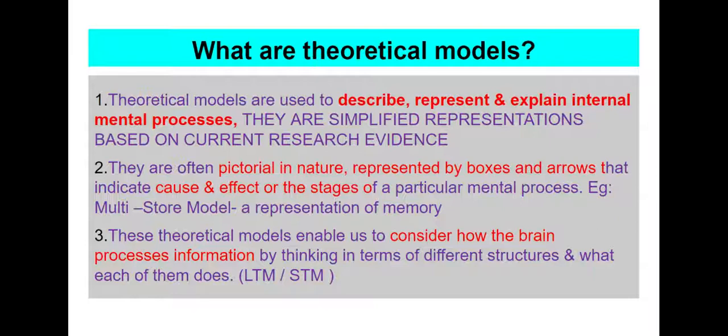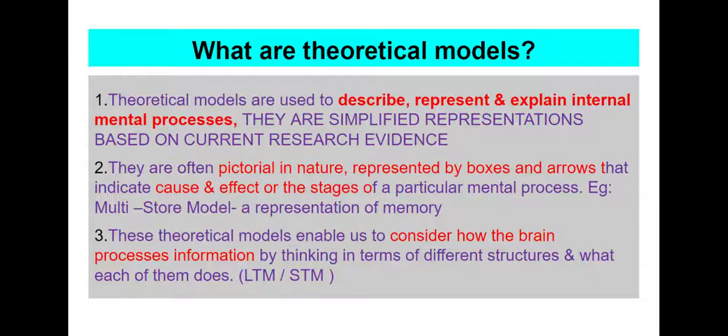So yes, there is research on short-term memory, and yes, there is research on long-term memory, and they're often pictorial in nature, represented by boxes and arrows, which indicates cause and effect of the stages, so you could see the direction that they go. Okay, so as you saw with the multi-store model, you've got boxes for STM, boxes for LTM, and the arrows show the flow of information.